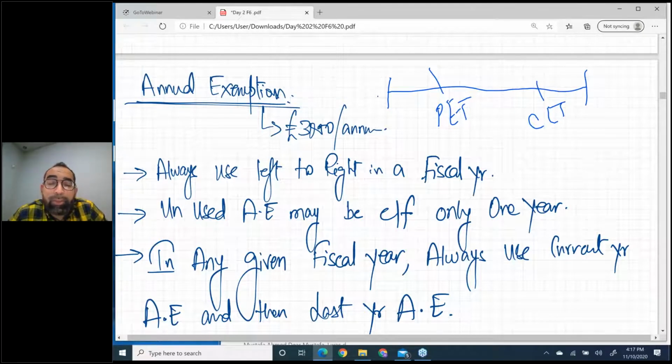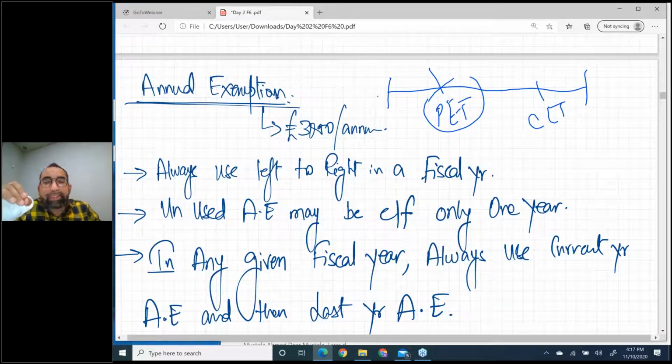The rules are very strict, sorry, it's tax, you have to follow. The rule is always use left to right. Left to right, the PAT is coming first, so first of all we use annual exemption for PAT. Okay, don't forget. Then one more good news. For example, we are in the 15-16 fiscal year. In the 15-16 fiscal year, we didn't give any gift, so our annual exemption is unused.